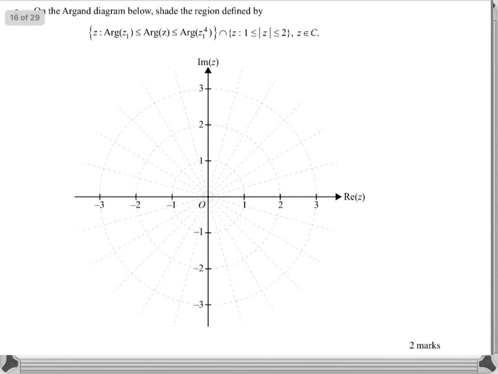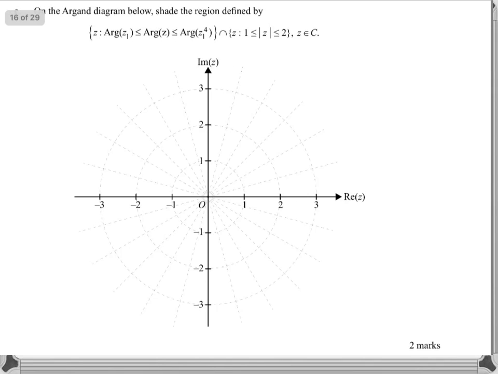Now this one, let's think about this carefully. This notation here can be quite confusing, so let's just break it down. The first bit, where we've got the squiggly brackets, that's a list, looking at a list of values.